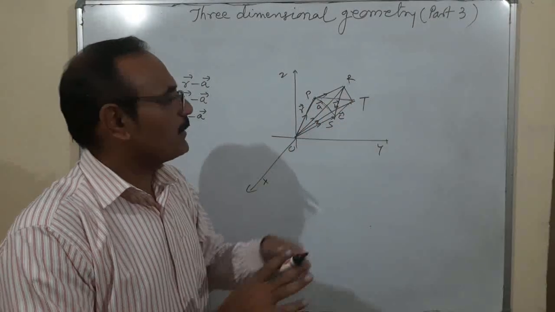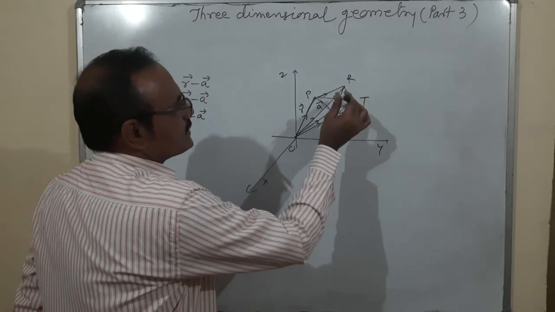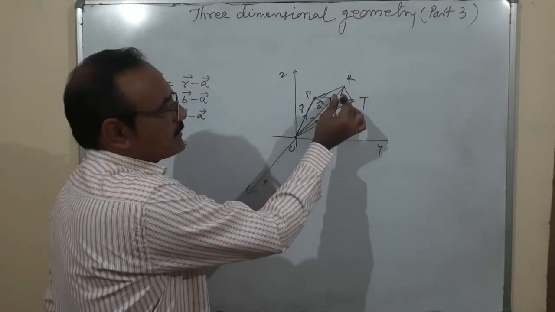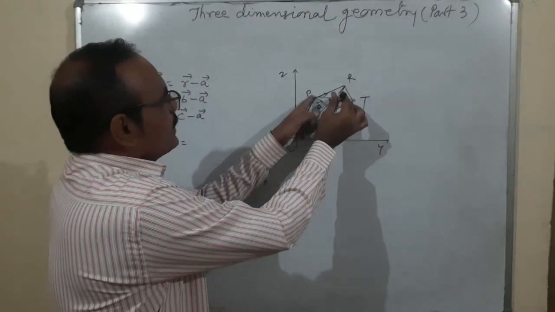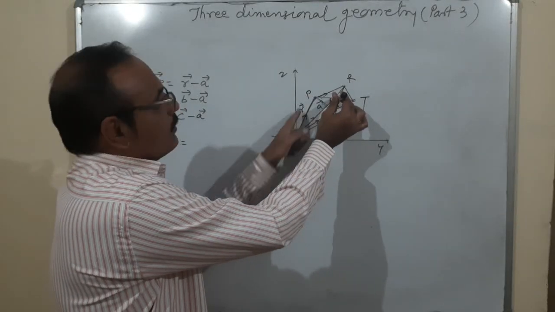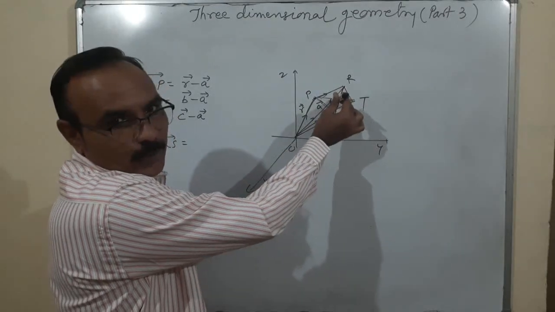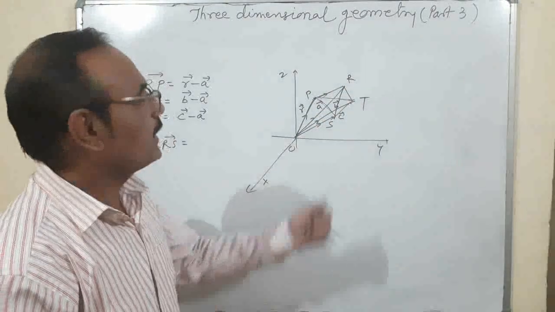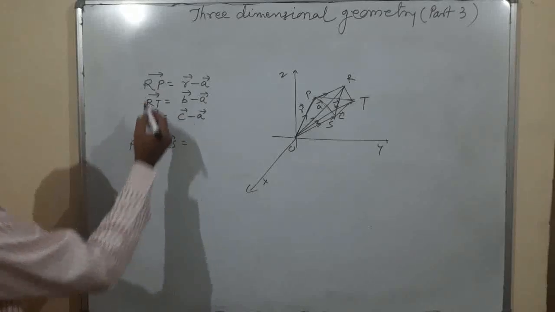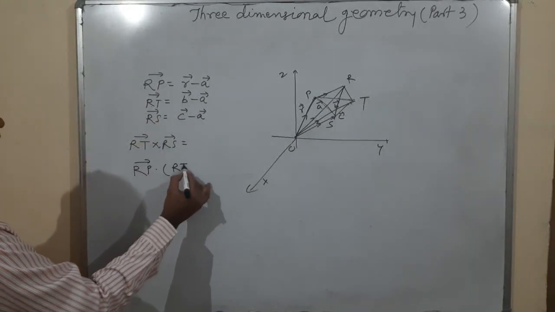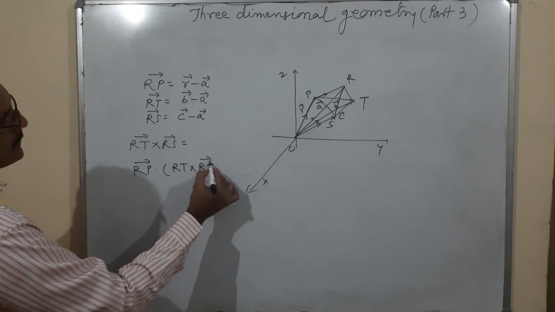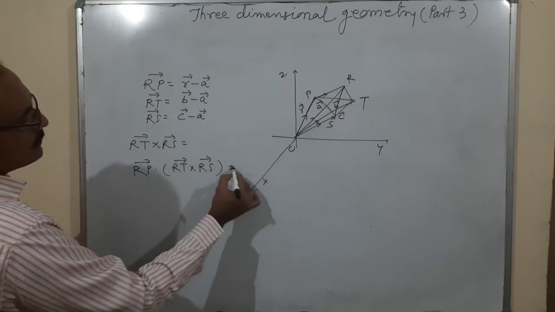So that means this is the direction, towards you. And this vector will definitely be perpendicular to PR. So when I write here, vector RP dot RT cross RS is equal to 0.